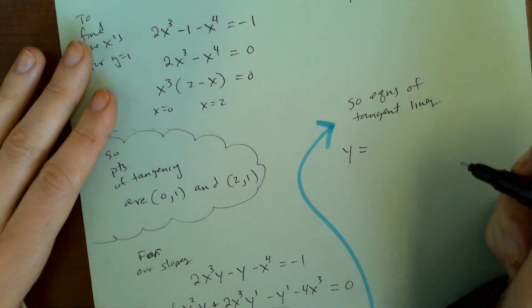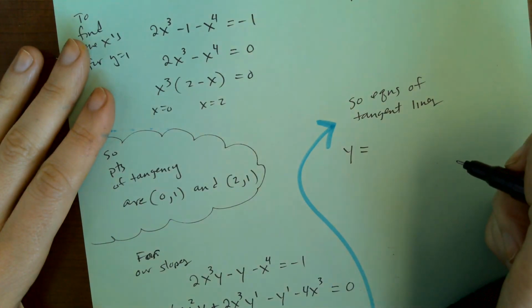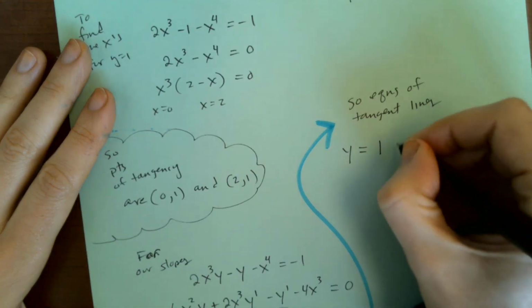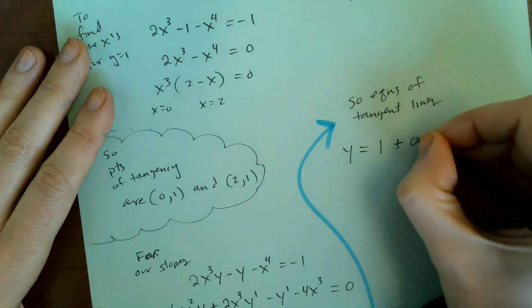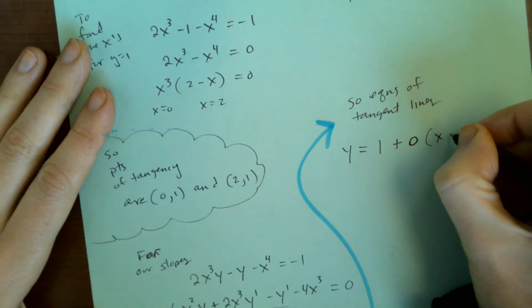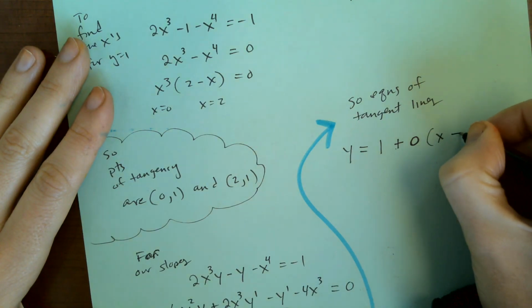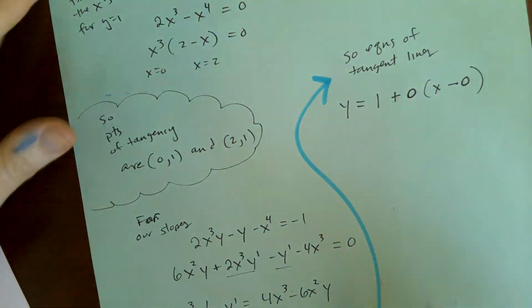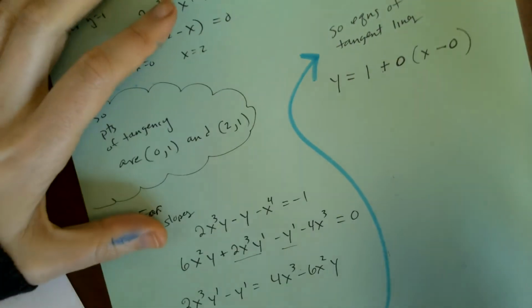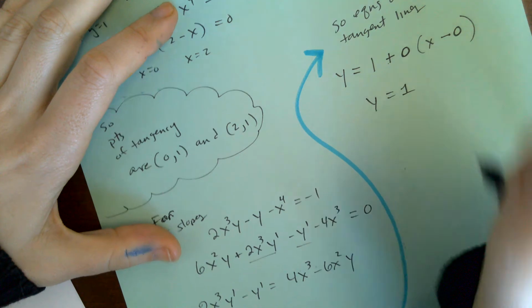So y of a is going to be 1 plus, okay, so the y prime, I'll do 0 for this one, and then x minus 0. Okay. And yeah, so this is the tangent line at this first point there. All right. And this really is just y equals 1.